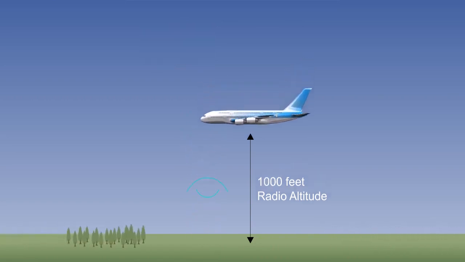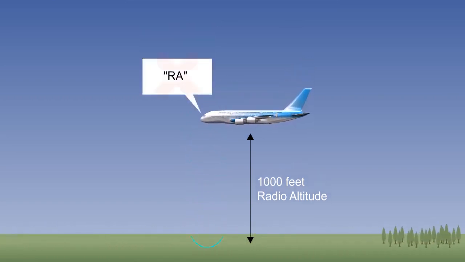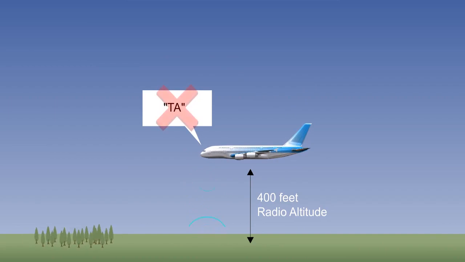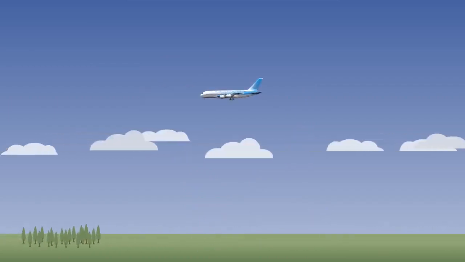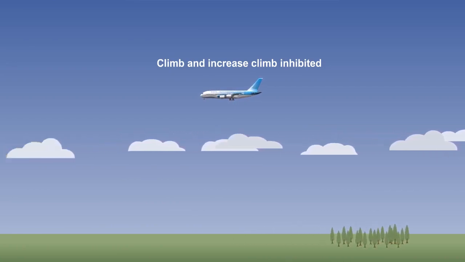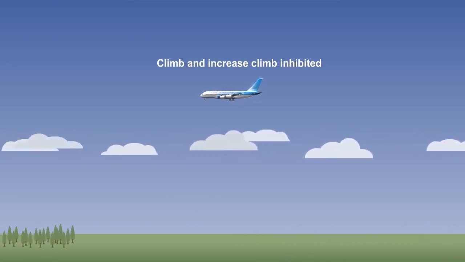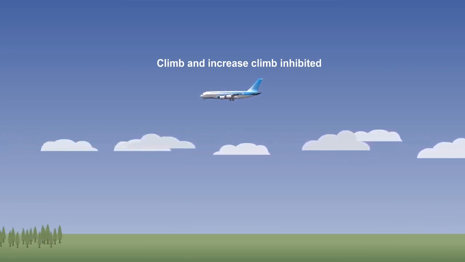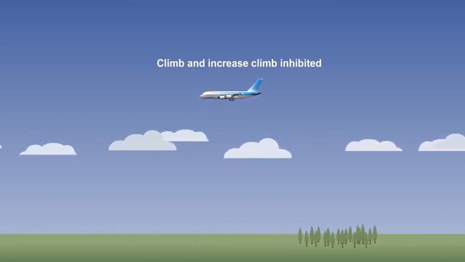At 1,000 feet, no resolution advisories are produced, and below 400 feet, no traffic advisories are produced. Where the aircraft's performance is limited, that is at height, or with gear or flaps deployed, climb and increase climb resolution advisories are inhibited.